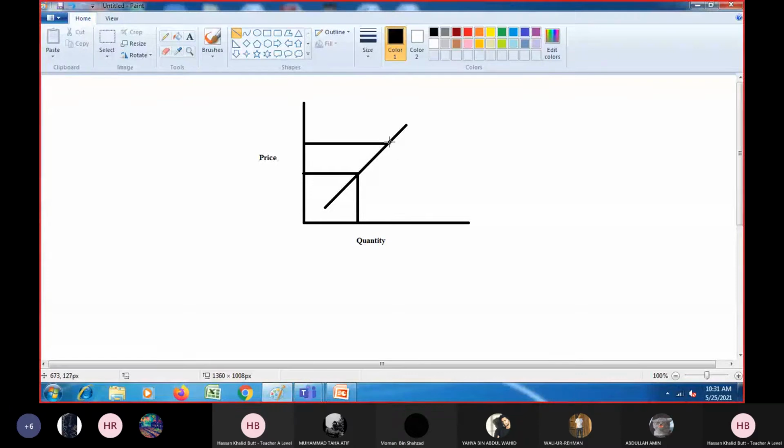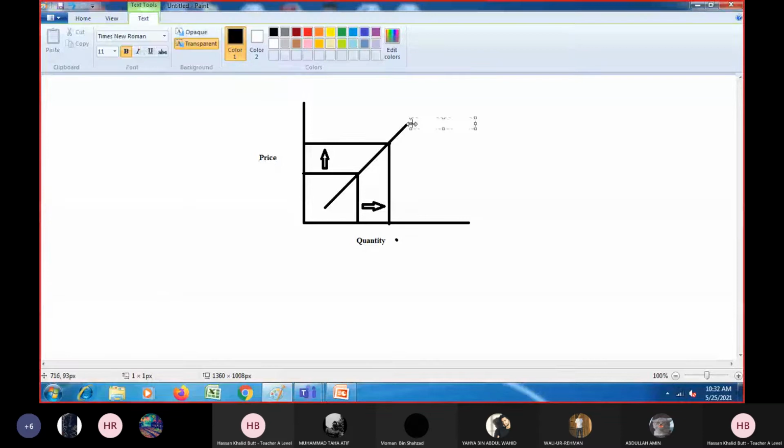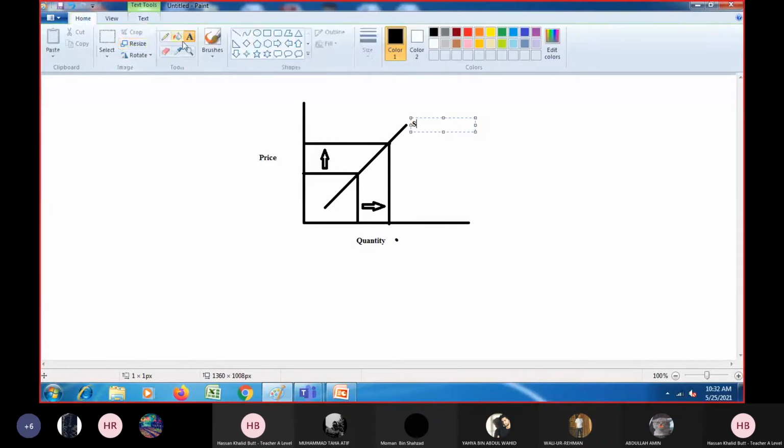You can see that supply is also increasing. So it is quite obvious, price is increasing, supply also increases. That is why the supply curve is always positively sloped, because there is a positive relation between supply and price.